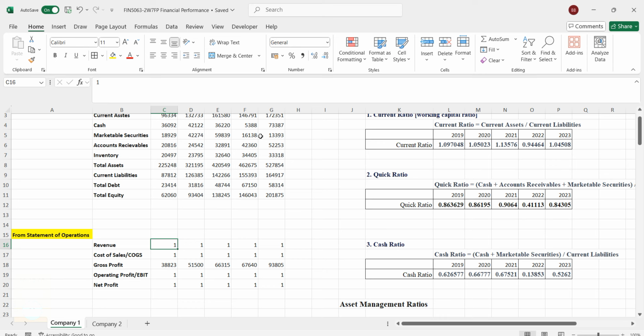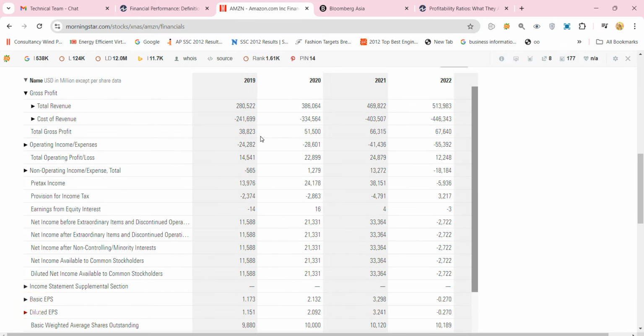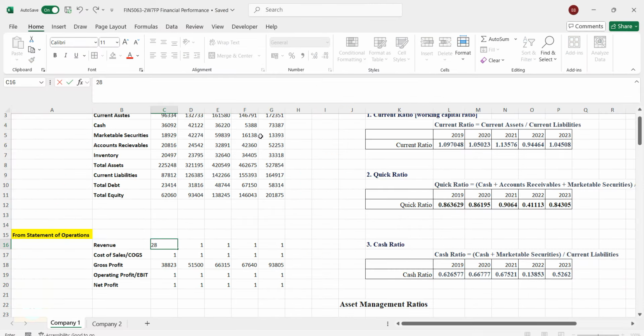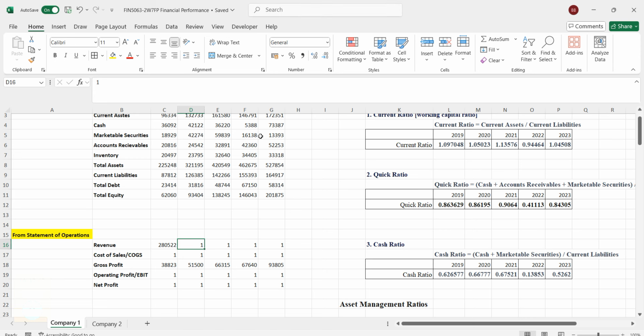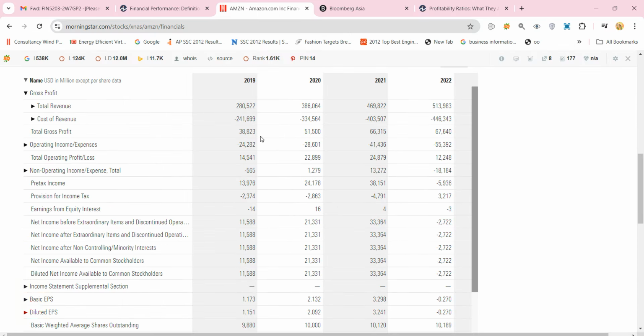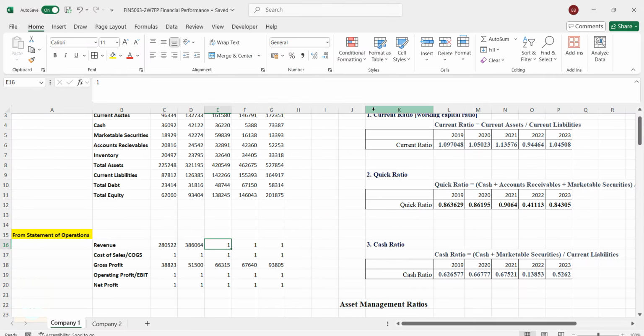Total revenue I have to take 241,699, 280,522. I can take both the values at a time, but let me take the revenue value first: 386,064. Next, 469,822. This one, total revenue under 2021, is 469,822.